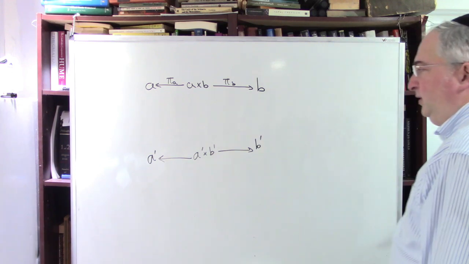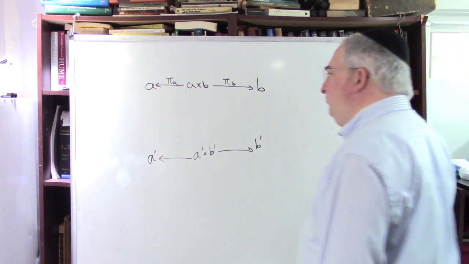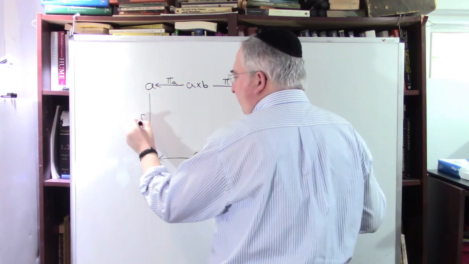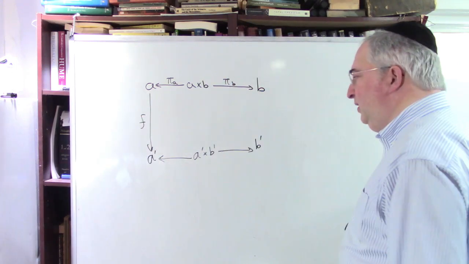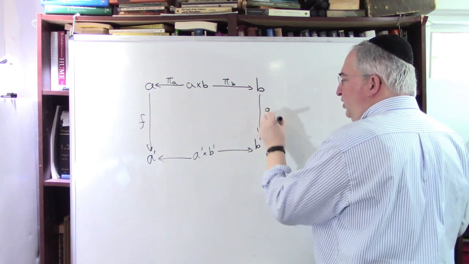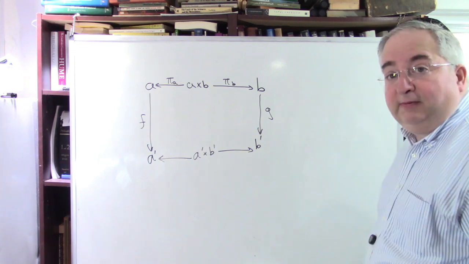Okay, great. Now, let's say we have a morphism from here to here. We'll call it f, from A to A prime. And we have a morphism from B to B prime. We'll call it g.